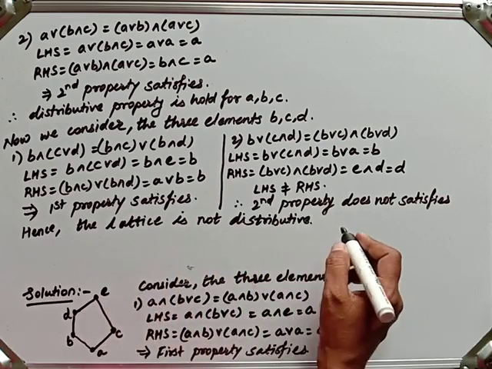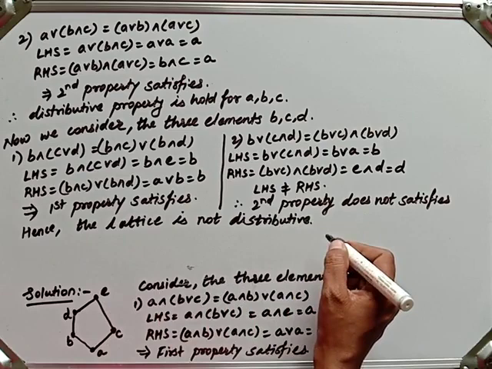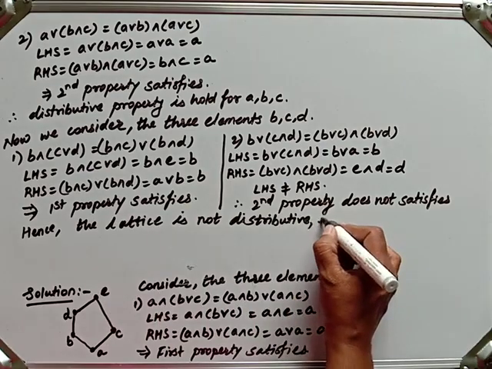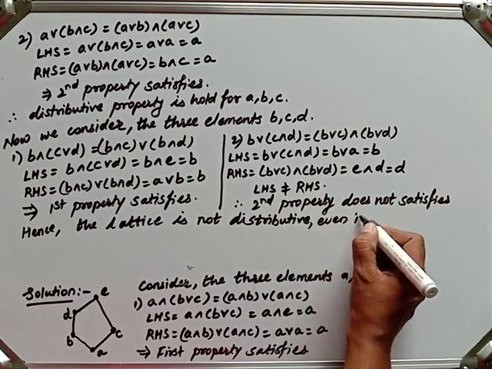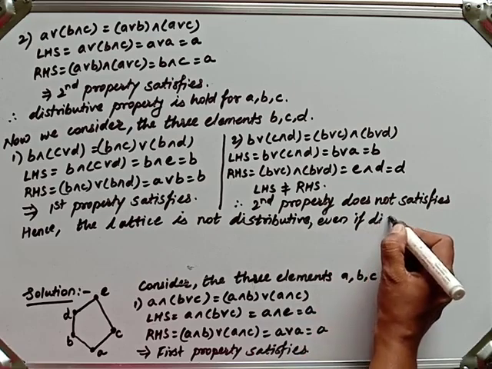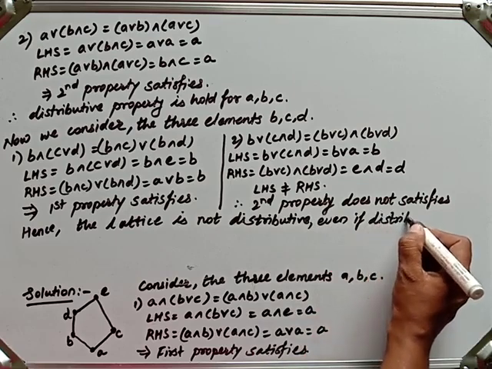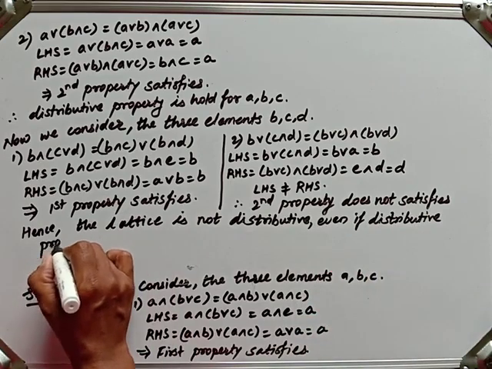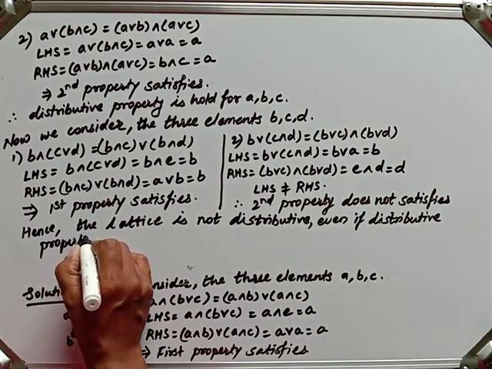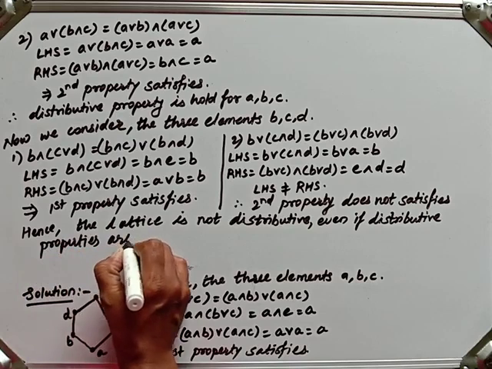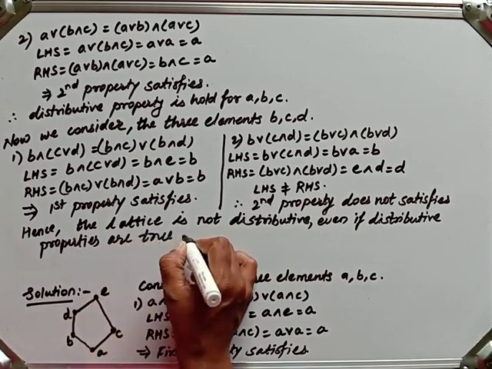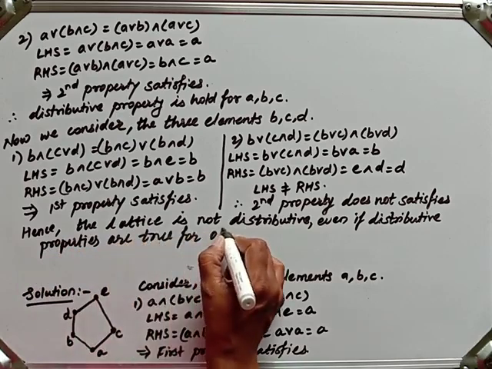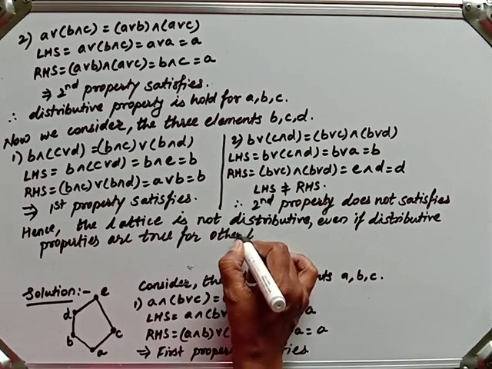The lattice is not distributive, even if the distributive properties are true for other triplets.